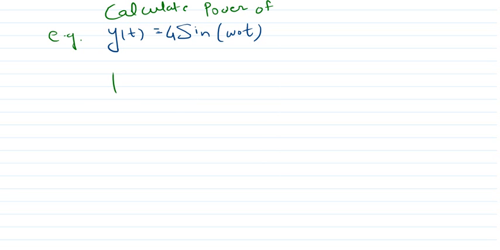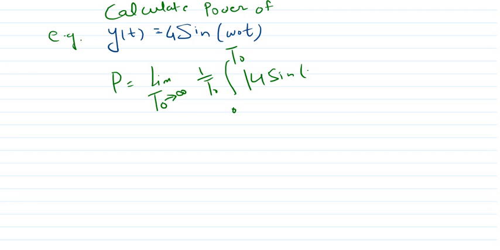So what is the formula for calculating the power? It is the limit as T naught tends to infinity of 1 divided by T naught, integral from 0 to T naught, we are considering only one cycle, of (4 sine omega naught t) square into dt.